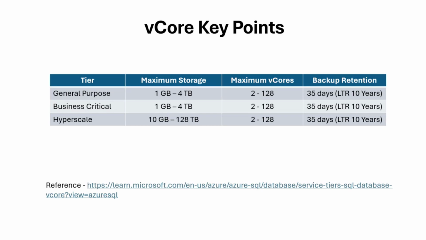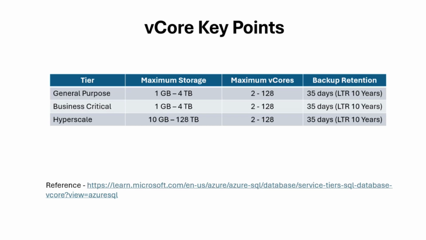So that's the main difference. And that's the reason the latency is low on business critical, whereas latency could be a little bit higher in the general purpose service tier.